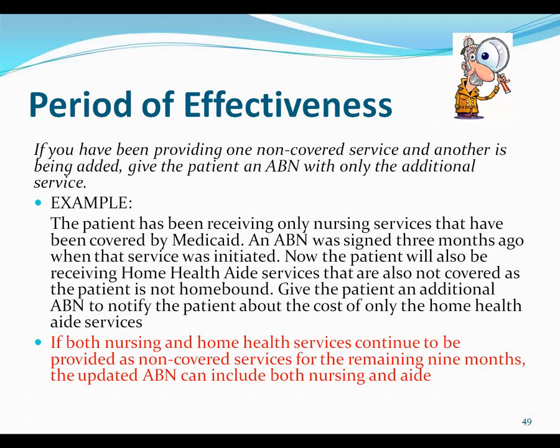And now the patient's not homebound, and now the patient needs home health aide services. So you're going to give the patient another ABN just with the home health aide information. And then in 9 months from now, you will do a new ABN, but this time you will put nursing and the home health aide on it.